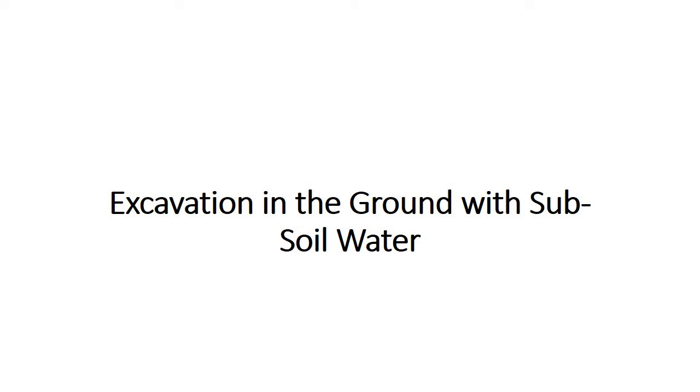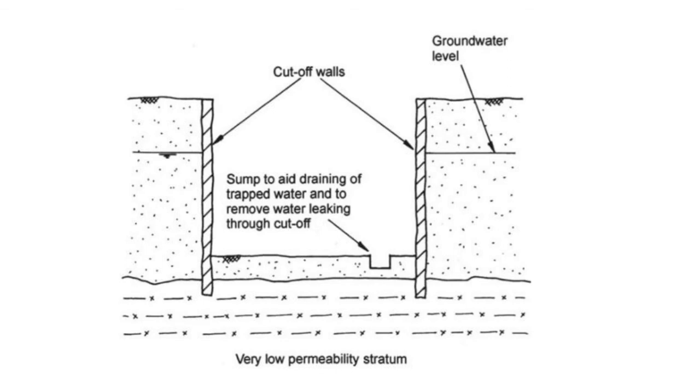Especially the timbering, if we do the timbering, it would become loose and collapse in such cases. Also, the excavation can be carried out by dewatering the subsoil water, and the foundation dewatering can be done by various methods.